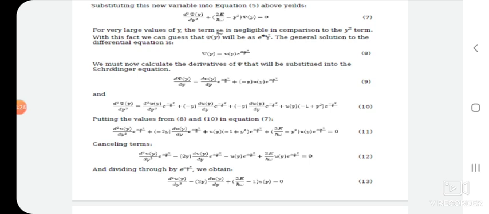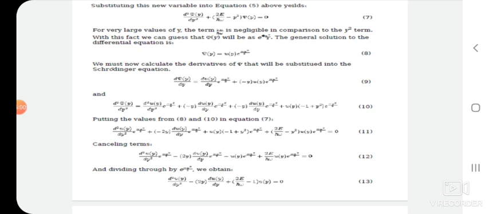Now, cancelling the common terms and simplifying, we get dou square u of y by dou y square e to the power of minus y square by 2, minus 2y dou u of y by dou y e to the power of minus y square by 2, minus u of y e to the power of minus y square by 2, plus 2E by h cross omega into u of y e to the power of minus y square by 2 is equal to 0, where e to the power of minus y square by 2 is the common term.